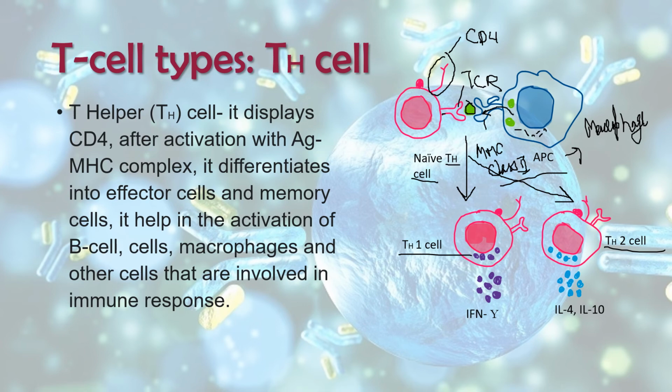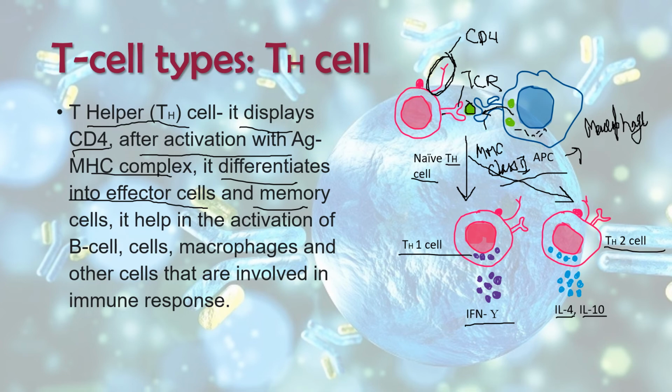The TH1 cell produces interferon gamma, whereas the TH2 cell produces the cytokines interleukin 4 and interleukin 10, IL-4 and IL-10. The T helper cell displays CD4, as I just told you, as its surface marker. After activation with the antigen MHC complex, it differentiates into effector cells and memory cells.